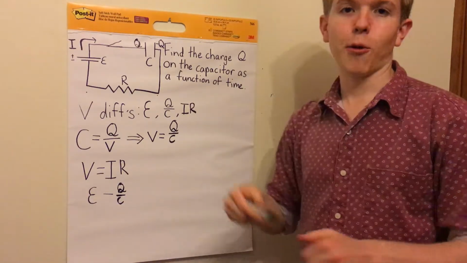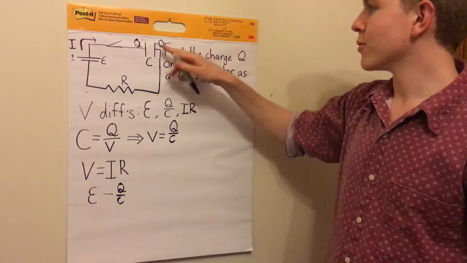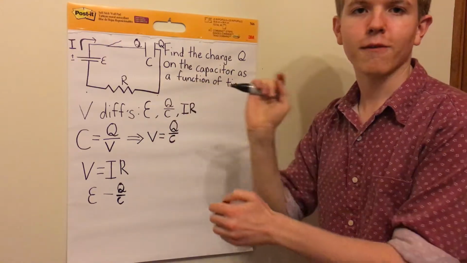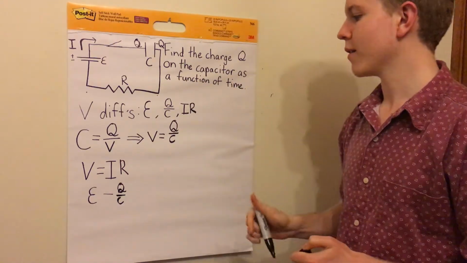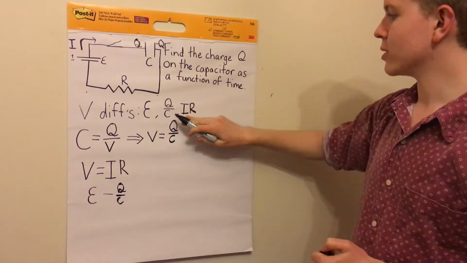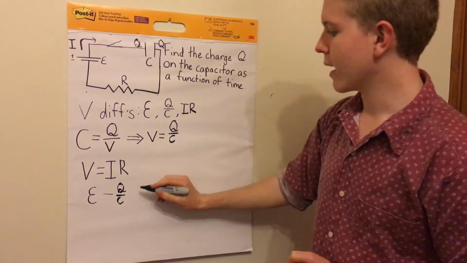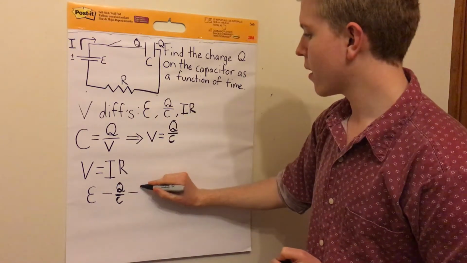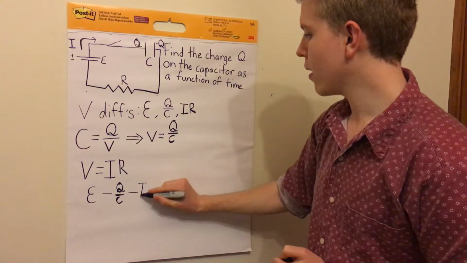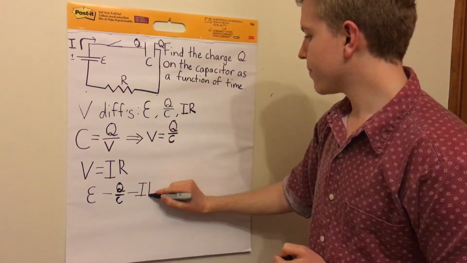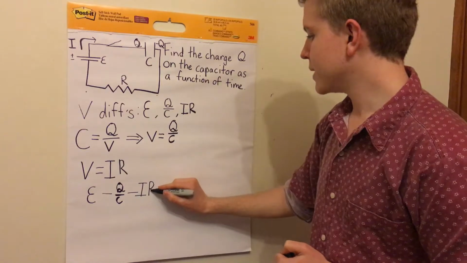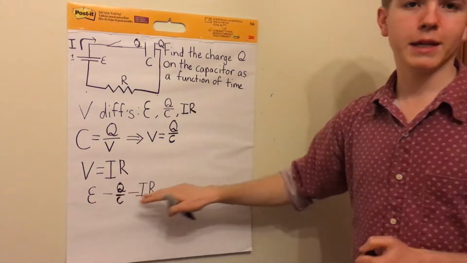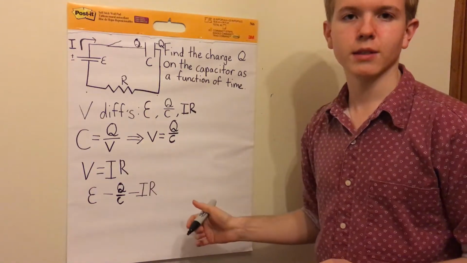Well, the resistor is resisting the charge, right? It's going to provide a force opposing the current. So we can write that potential difference, IR, as negative as well. And, as we said at the start, the sum of these voltage differences must be 0.